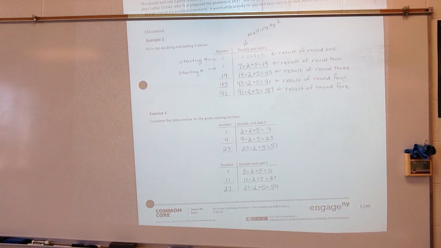Do you see any patterns in the table that we've already created? Alright, so look at this. Do you see any patterns that we have created? Well, let's look at this.